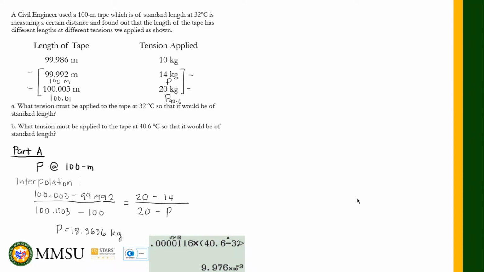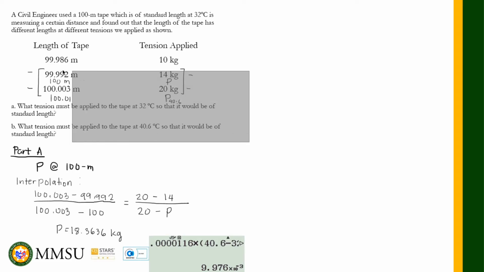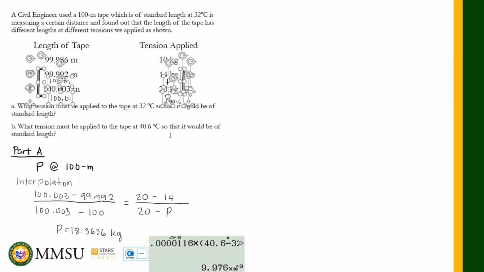For part B, we are required to solve for the tension at 40.6 degrees Celsius so that it would be of standard length. Remember, the figures in the table above are for when the temperature is 32 degrees Celsius.